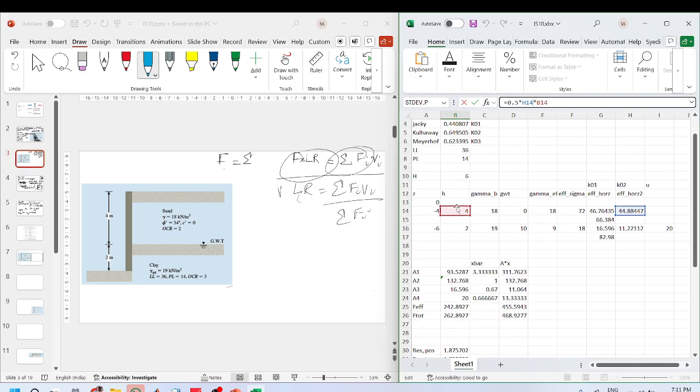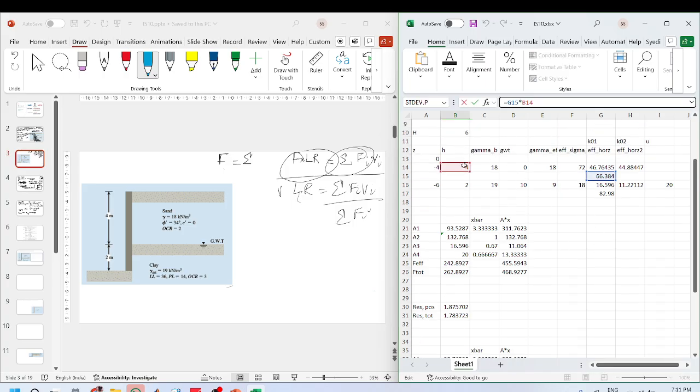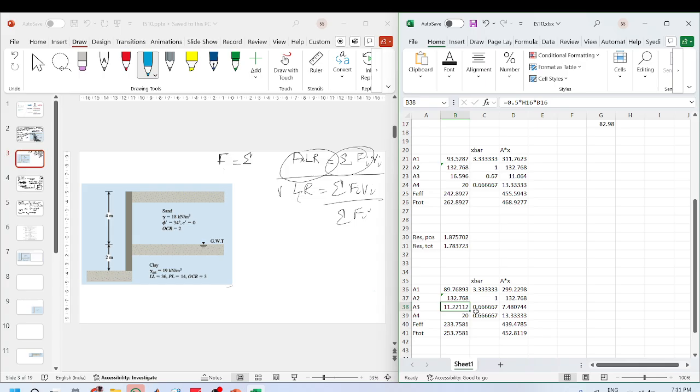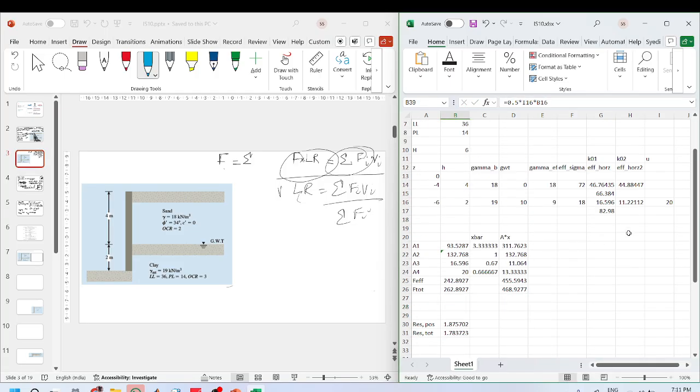This is half of base into altitude. This is area 2, and then area 3 is half of base into altitude, and then area 4 is for triangle 2.